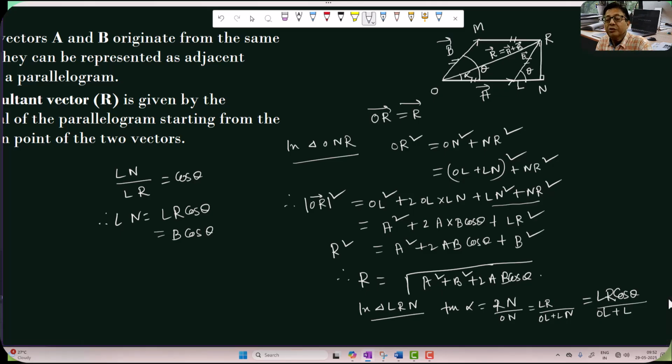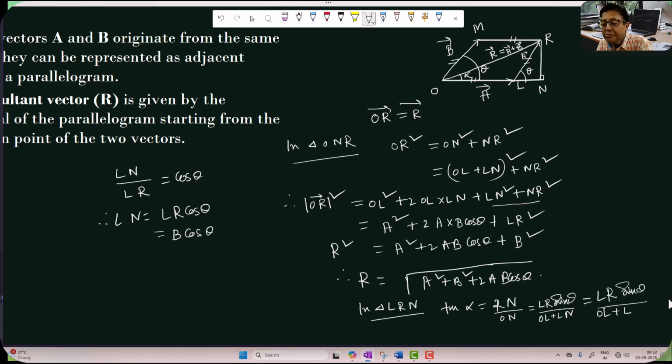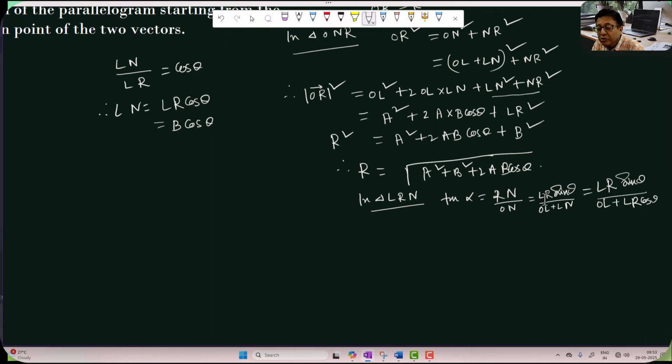Wait a minute. Sorry. This part is sin theta. LR sin theta. So this will be sin theta only. And ON plus OL plus LN. LN is what? That is LR cos theta.